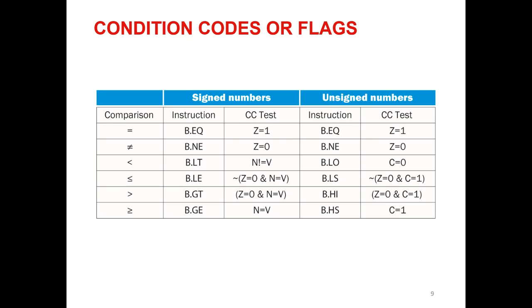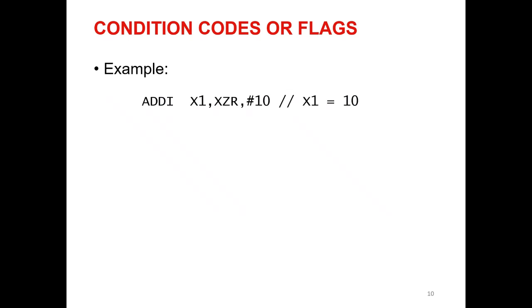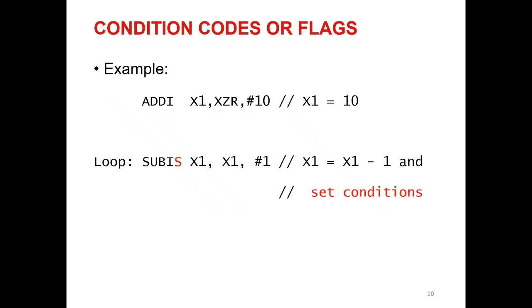Let's see an example to make this clear. So imagine that we have this instruction in which we are just, as you know, assigning the value 10 to register 1. And now here I have a label loop, and what I'm doing here is I'm using the subtract immediate instruction, but with the S. So I'm setting the flags.